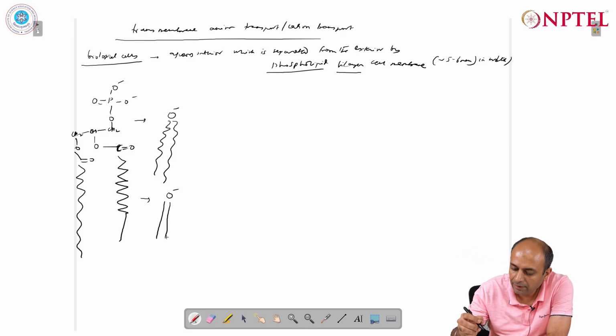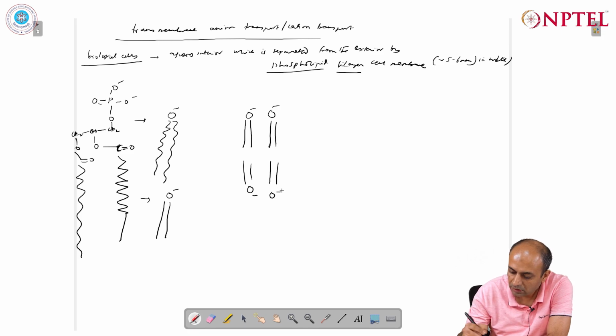So now we have this bilayer arrangement, this is just for the sake of simplicity, because we know that there is a hydrocarbon chain here. Okay.